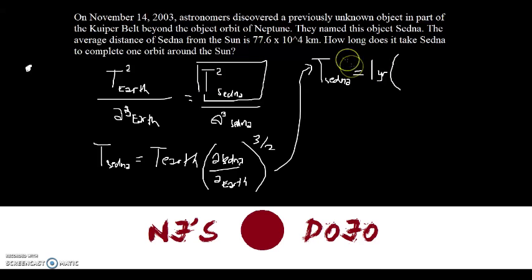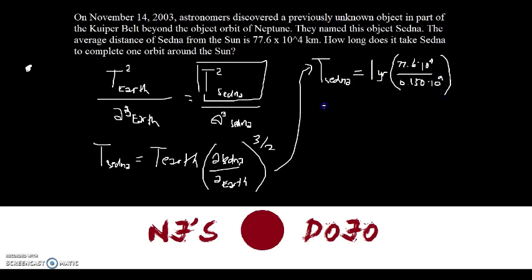So now the radius of the orbit of Sedna is 77.6 times 10 to the power of 4 kilometers. And since it's known that the radius of the orbit of the Earth is 0.150 times 10 to the power of 9, we can simply plug it in.